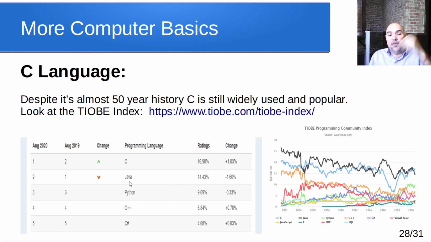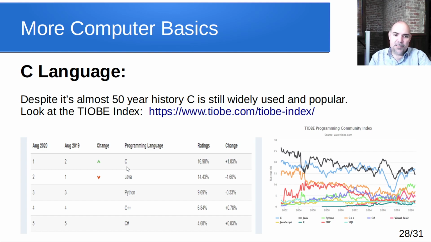Now, the other thing is, despite the almost 50-year history of C, it's still really widely used and still really popular. If you look at the TIOBE index for 2020, this is a place that tracks programming language popularity. You notice number one on the list in August of 2020, C language.